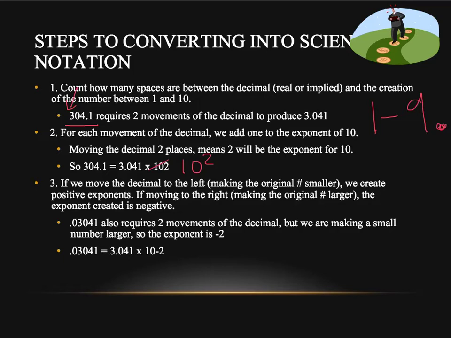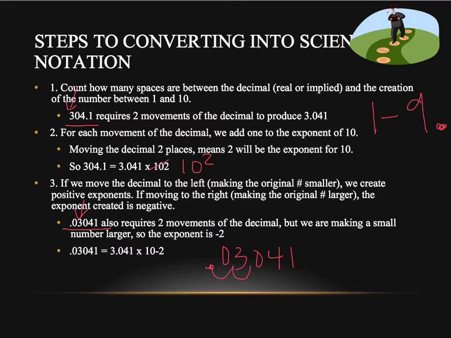This works the same way if we're moving in the opposite direction. So if we had a smaller number, 0.03041, it also requires us to put the decimal right after that first non-zero digit, which is a 3 still. And we're moving the decimal over 2 places from right here, over 1, over 2.